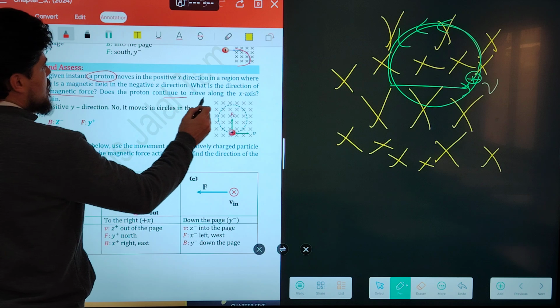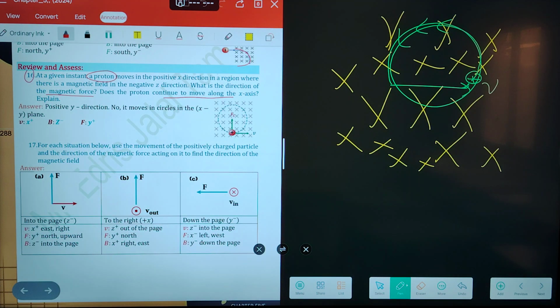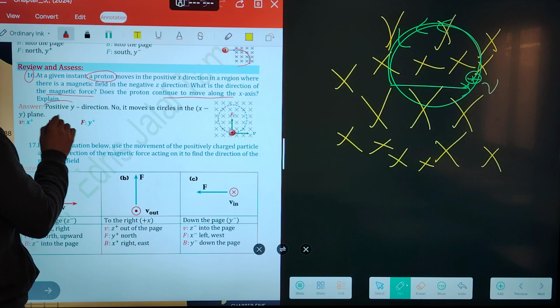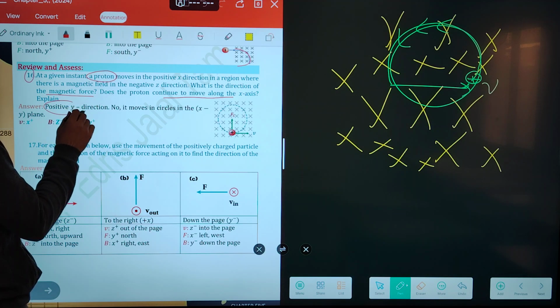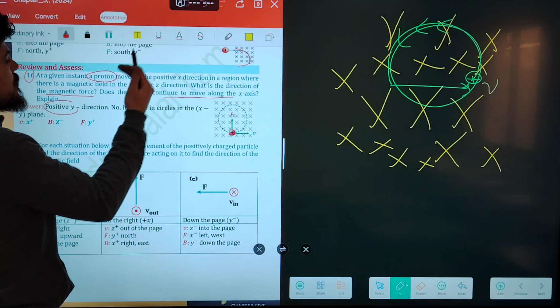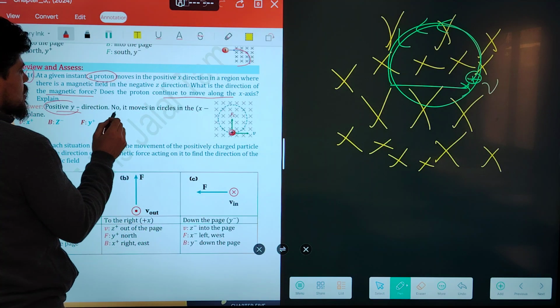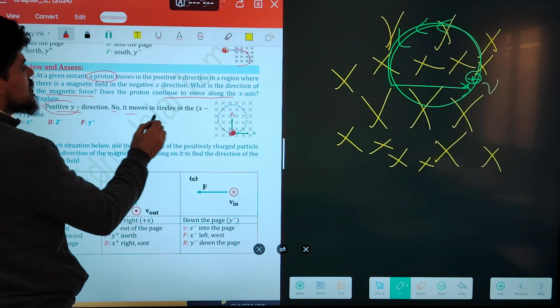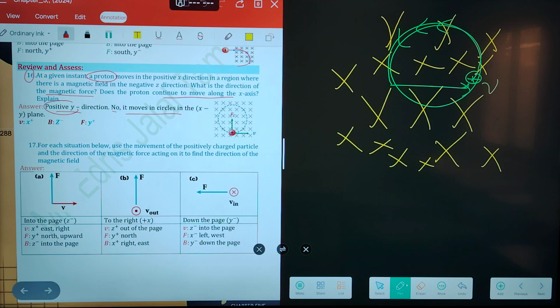Does the proton continue to move only along the X? No. The answer is the positive Y; the charge is moving upward. It doesn't continue to move along the x-axis. It moves in a circle in the xy plane.